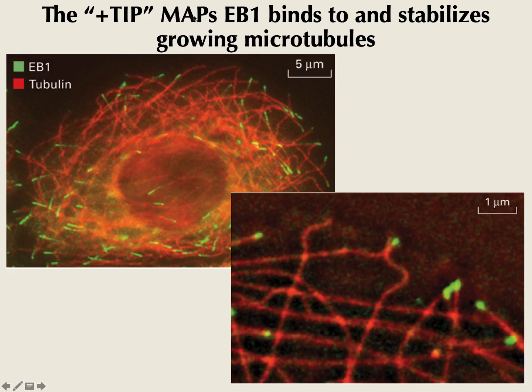So this protein here, EB1, is a classic plus tip binder. So here you see really nice images of cells where tubulin is labeled. I forgot if it's a label or if it's a fusion with a fluorescent protein here, but it doesn't matter, you would get the same.